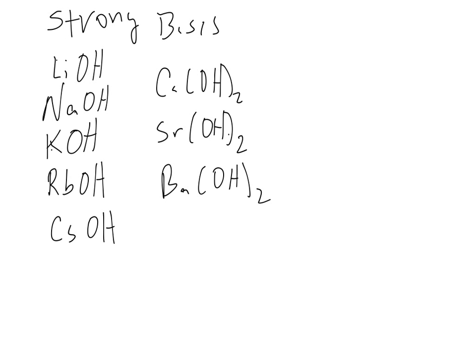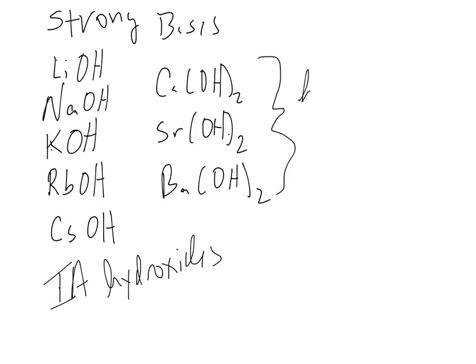Our strong bases are going to be the hydroxides of group 1A: lithium hydroxide, sodium hydroxide, potassium hydroxide, rubidium hydroxide, cesium hydroxide. So these are the group 1A hydroxides. And the heavy group 2s. These are calcium hydroxide, strontium hydroxide, and barium hydroxide.